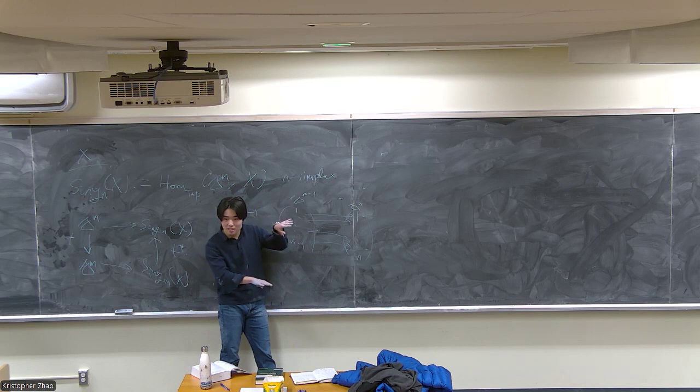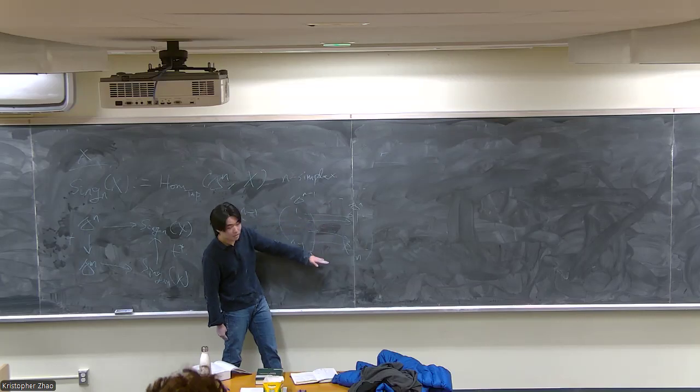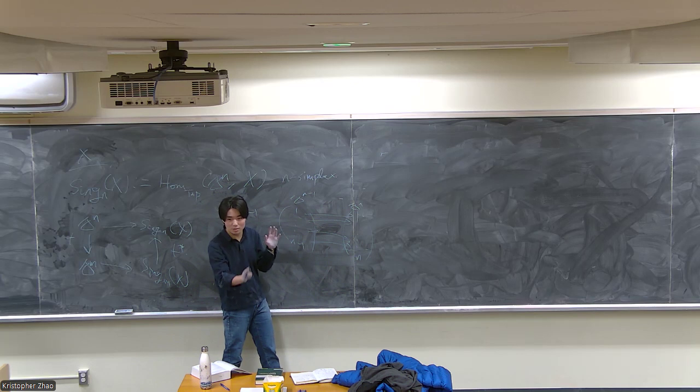If it's non-decreasing, you can just map everything to one element. So non-decreasing means strictly injective? That could be equal. You should include the identity, because you want the inclusion.